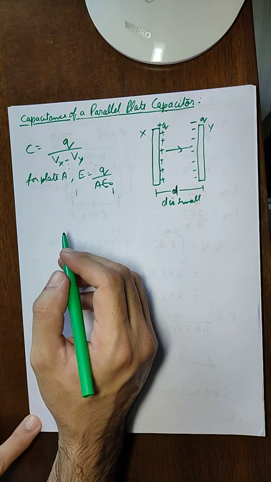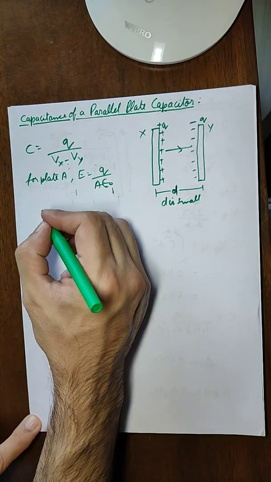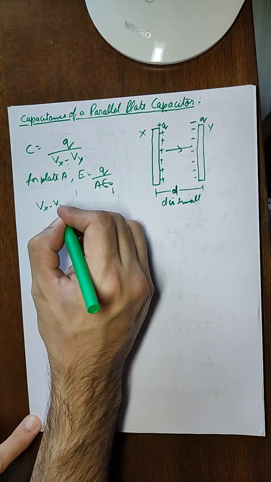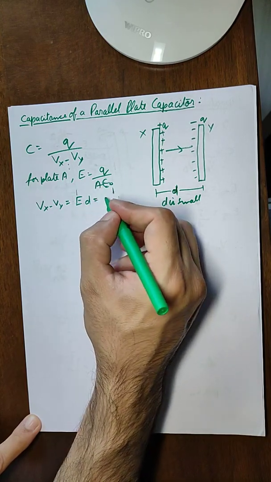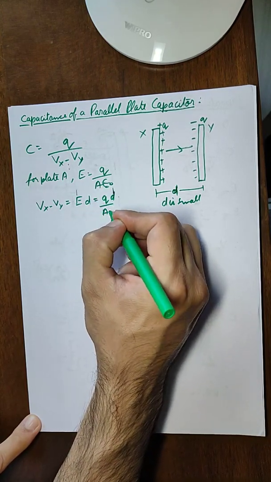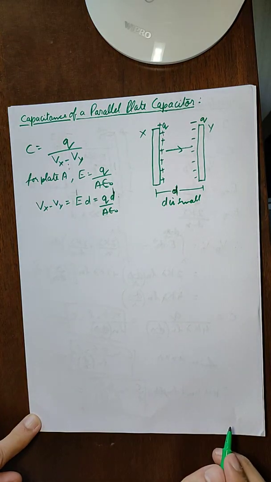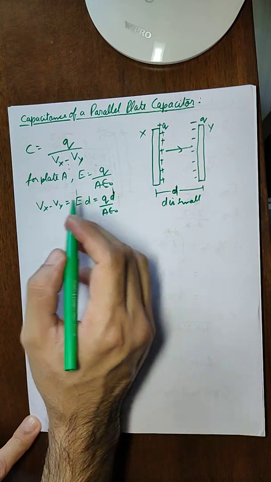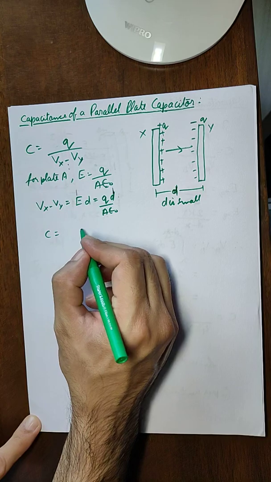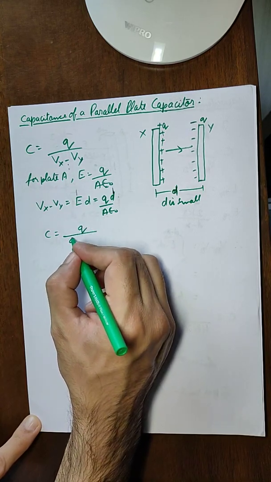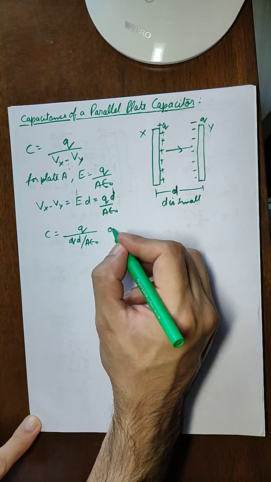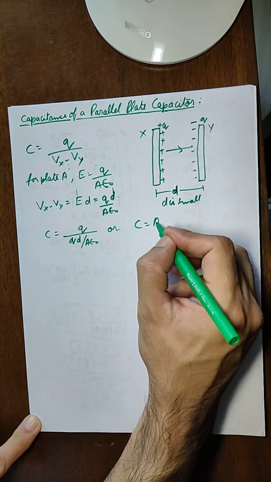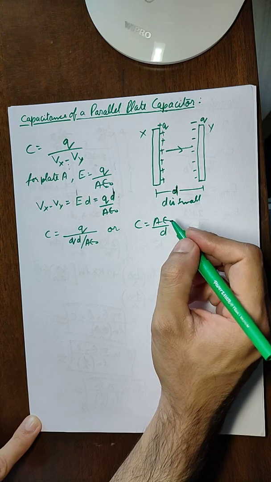So Vx minus Vy will be equal to Ed, or Qd upon A epsilon naught. Now directly using this in the formula of capacitance, we get C equals Qd upon A epsilon naught, or C equals A epsilon naught upon d.